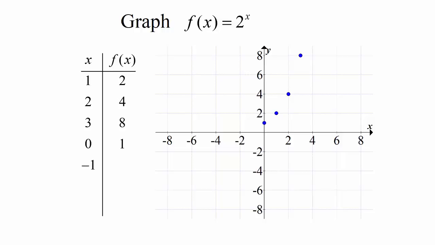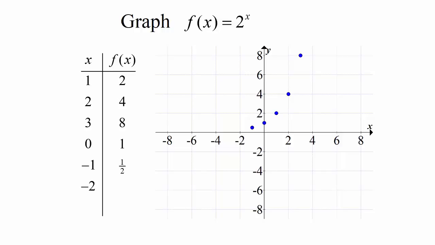And choosing negative numbers. Again, it's a little strange, but you need to get a handle on dealing with negative exponents. 2 raised to the negative 1 power is the same as 1 over 2 to the positive 1 power. The dot negative 1 and 1/2.